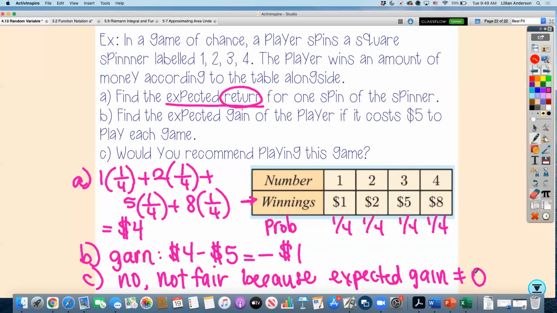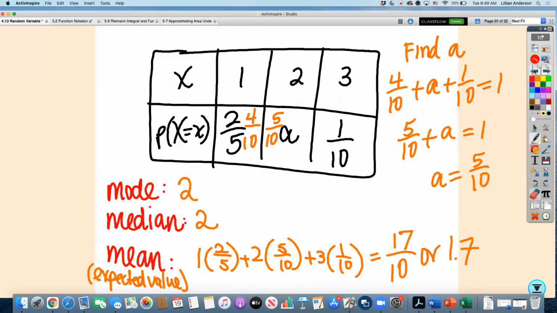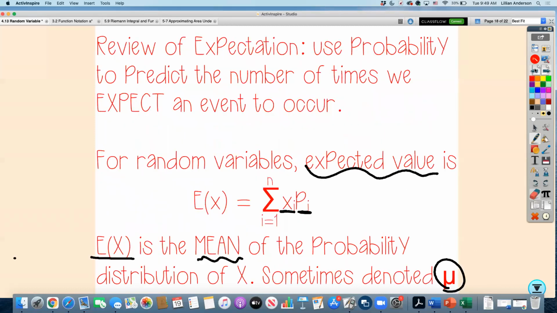A few things just to make sure that everybody has this down. For a game to be fair, expected value should equal 0, or your expected gain should be 0. That's after you take out however much it costs for you to play the respective game. Also, to find expectation, you just take all your X values and multiply them by your probabilities and add them up.